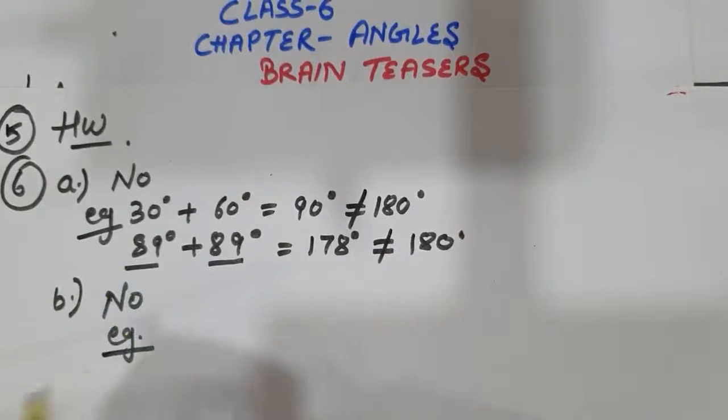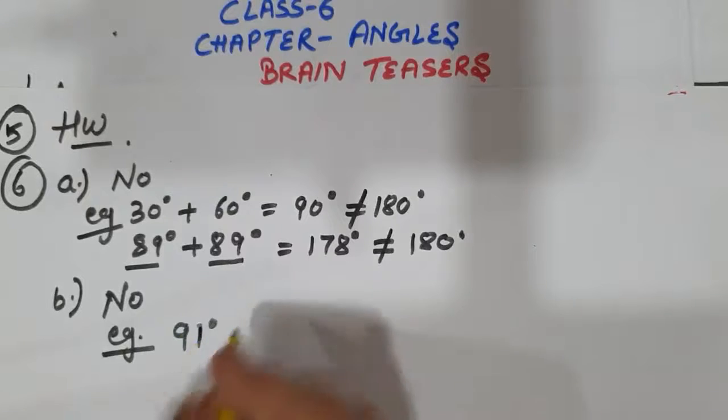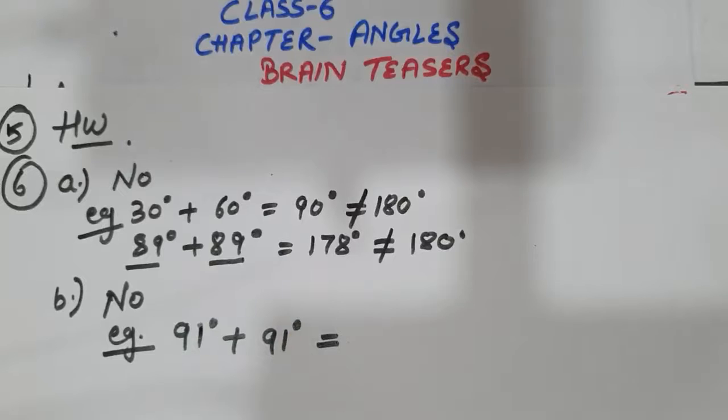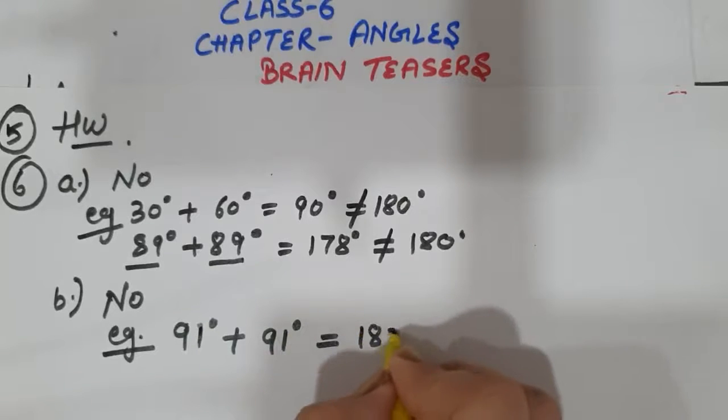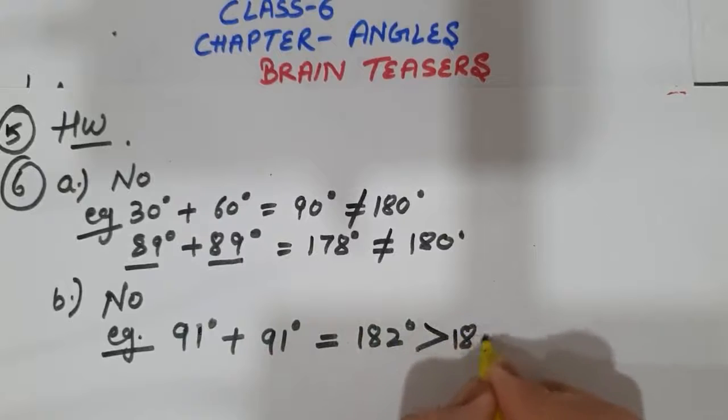Let us take an example of an obtuse angle. Let me take the smallest obtuse angle, that is 91 degree, and again I add one more 91 degree. This becomes 182 degree, which is greater than 180 degree.